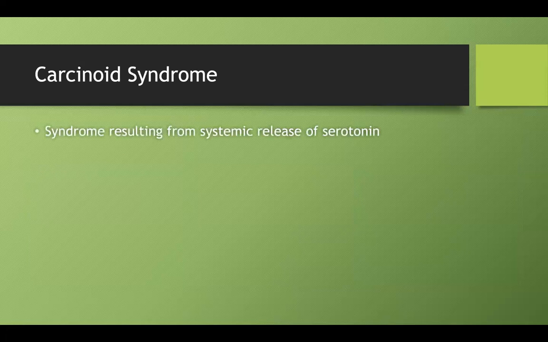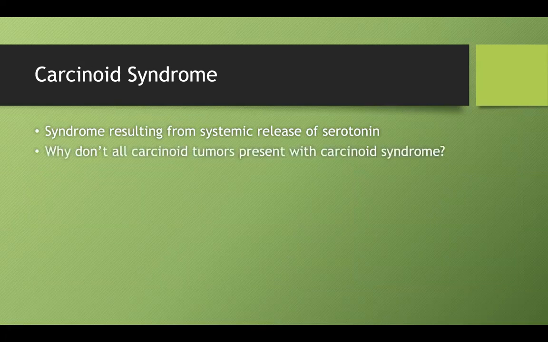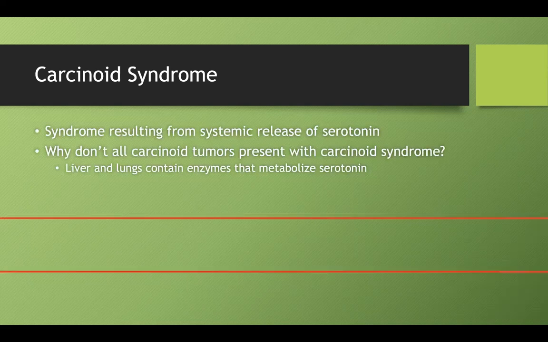Carcinoid syndrome is a syndrome that occurs because of widespread release of serotonin into your blood. A question you're probably asking yourself is, why don't all carcinoid tumors cause carcinoid syndrome? Well, the good news is that we have a few of our organs that can metabolize serotonin and prevent serotonin from being active in our bloodstream, namely our liver and lungs.